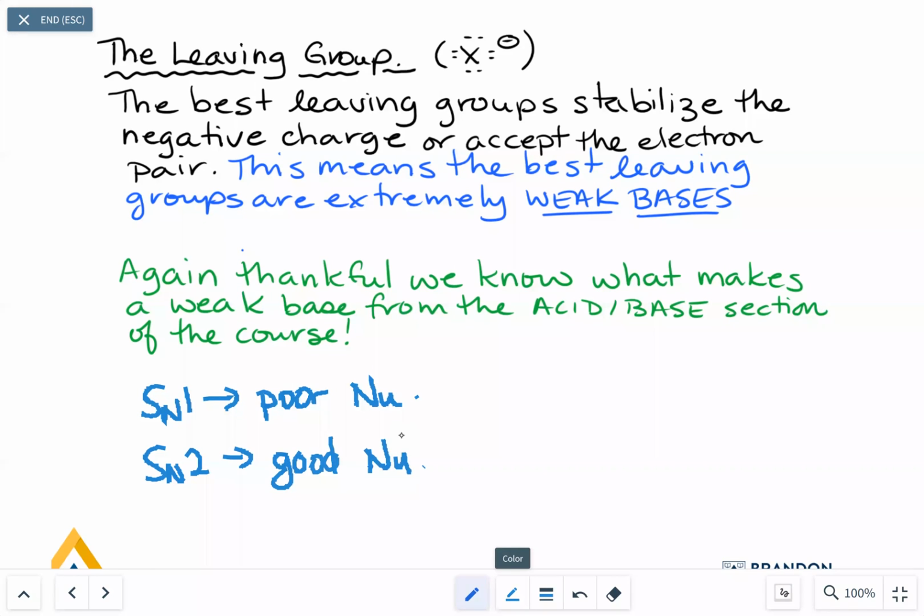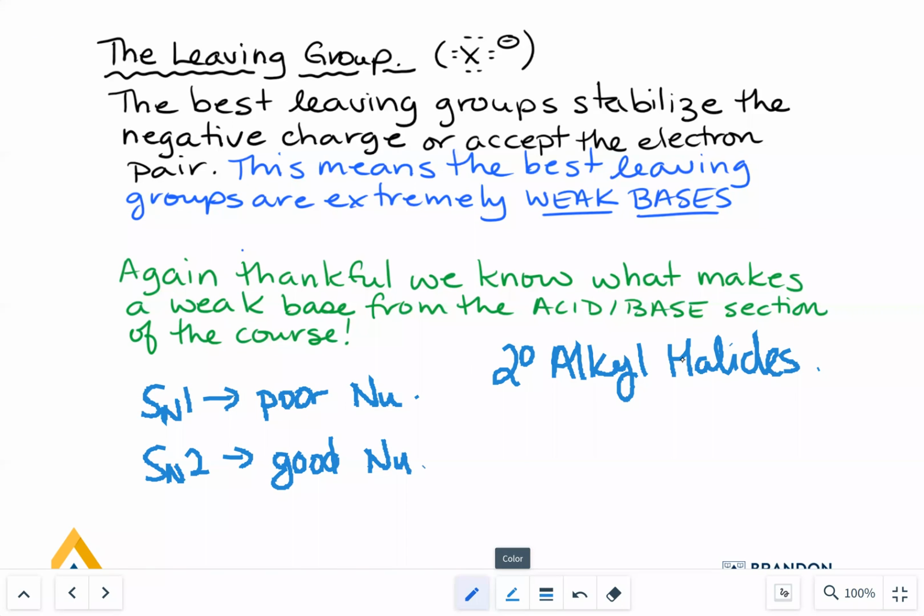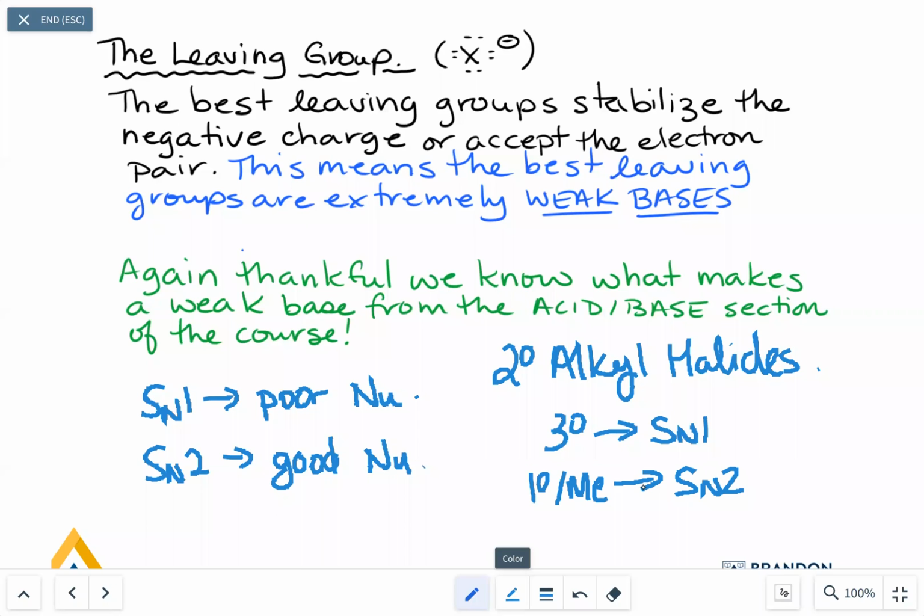And remember, when we're talking about these things, we're talking about secondary alkyl halides, because tertiary can only do SN1, and primary and methyl can only do SN2 at a rate which is measurable, so to speak.